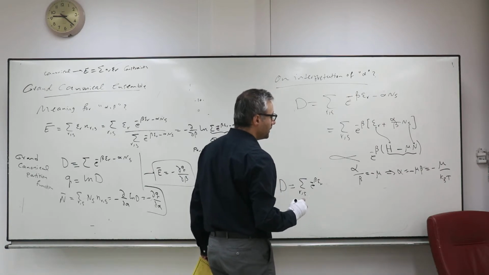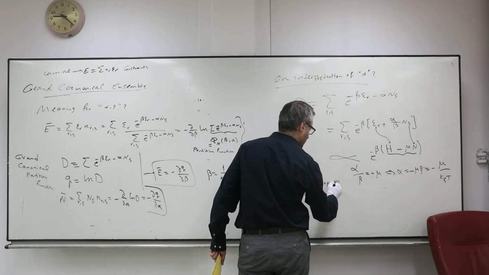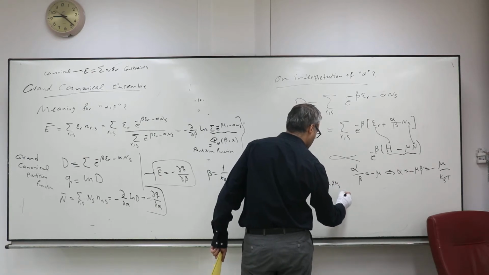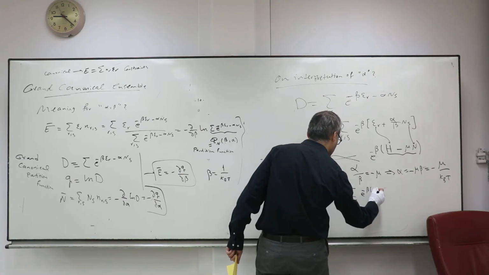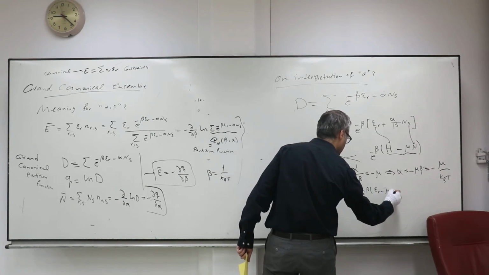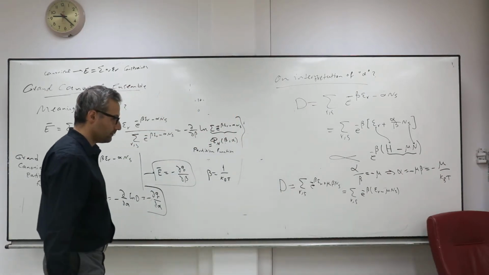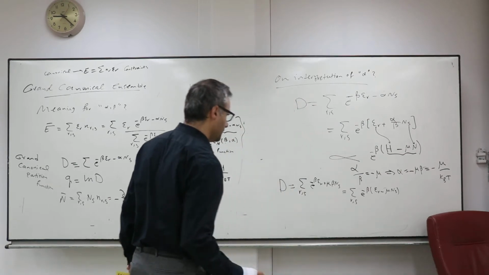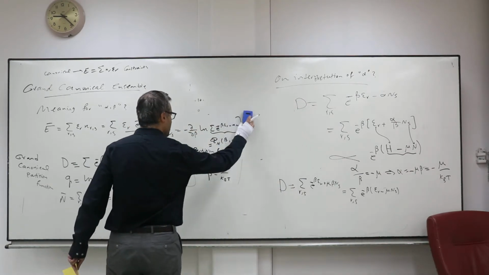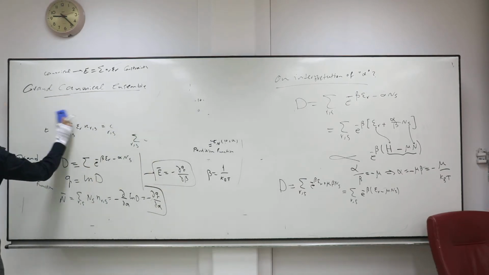Alpha minus mu beta minus mu. Sigma r and s, E minus beta, E r minus mu and s. Okay.